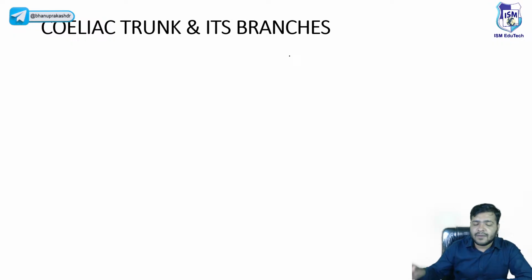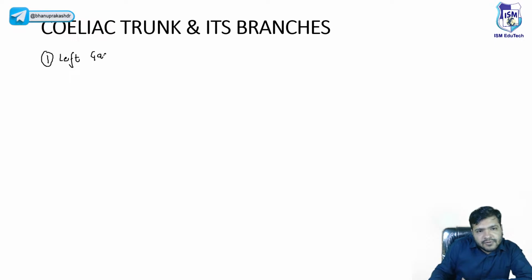Let's do the writing part along with it as well, so that it's way easier for you people to remember also. So the very first branch we have discussed is the short gastric artery, I mean the left gastric artery.